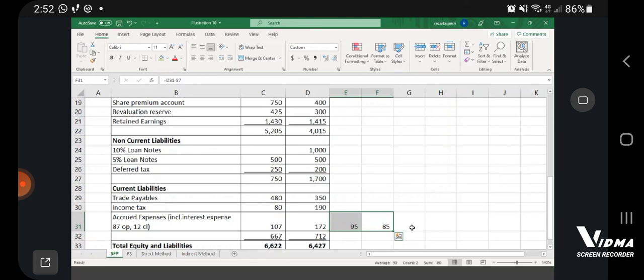So again, accrued expenses represent a liability, but inside of that, it is included also the interest, which is 87 in the opening balance and 12 in the closing balance. That means that without the interest expenditure, the opening balance is 85 and the closing balance is 95. We see an increase in this liability. But remember that whenever you have an increase in liability, this means more cash for the company. We have a cash inflow.